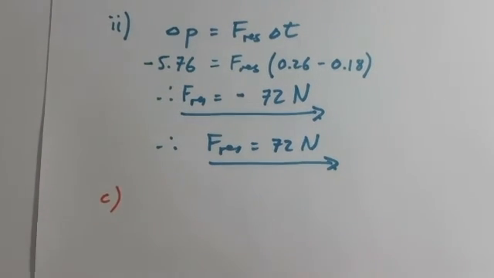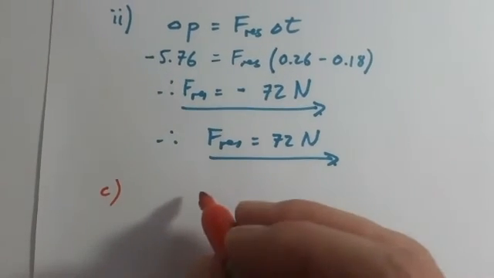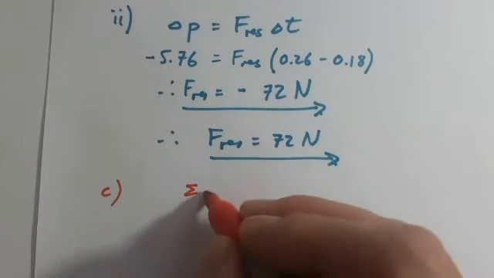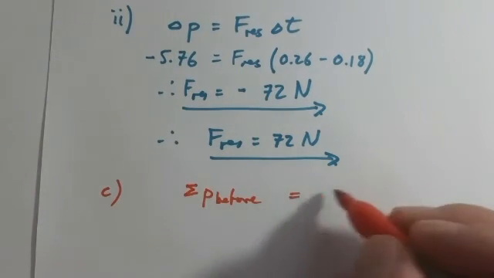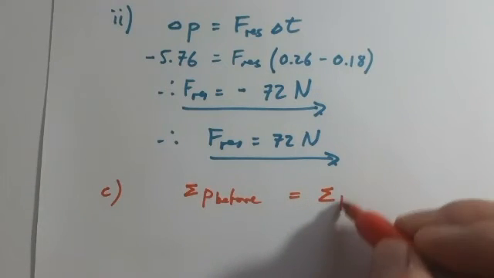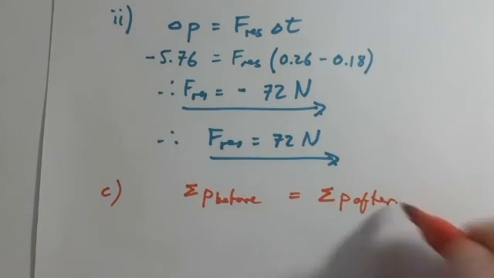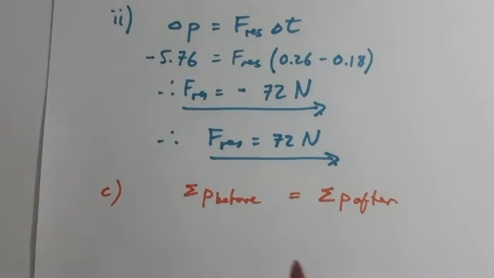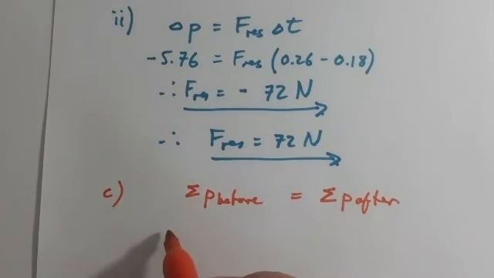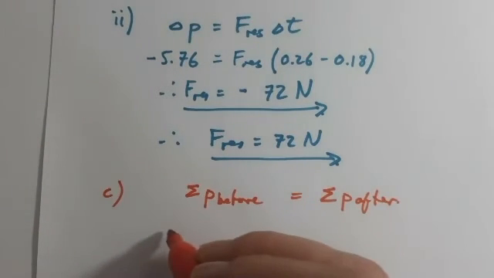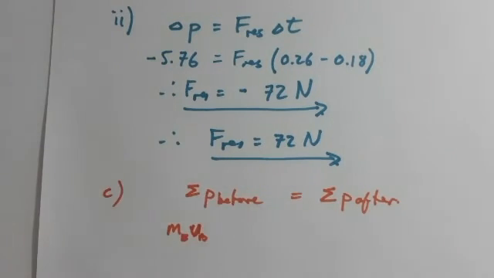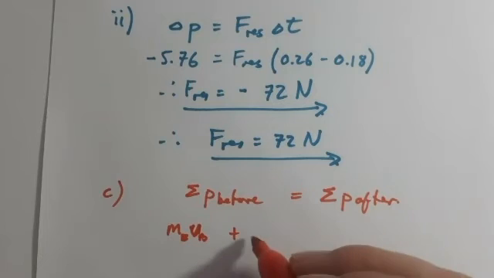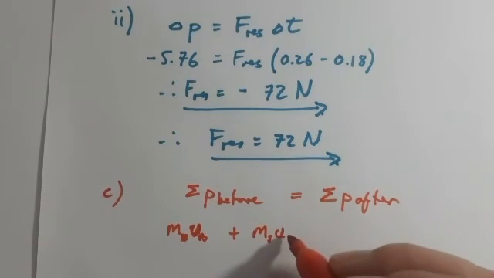I will start and say the sum of momentum before is equal to the total sum of momentum after. I have my ball B in the beginning with a mass and a velocity, and I can see mass of B, U of B for initial, plus mass of S, U of S.